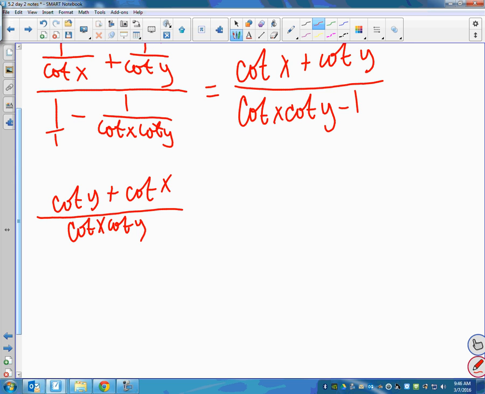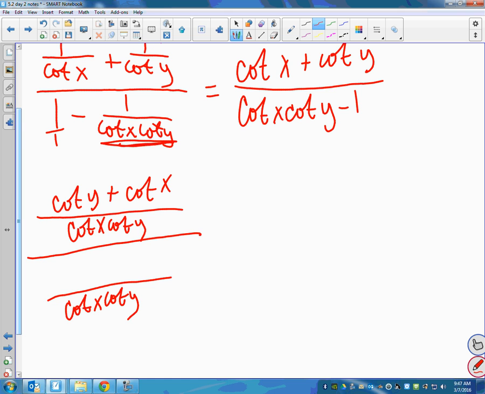On the bottom, that's just 1 over 1. So I just need this to multiply over there, right? So it's also going to be over cotangent x, cotangent y. And that's going to be cotangent x, cotangent y. Minus, this side doesn't need anything, right? So that's just going to be minus 1.